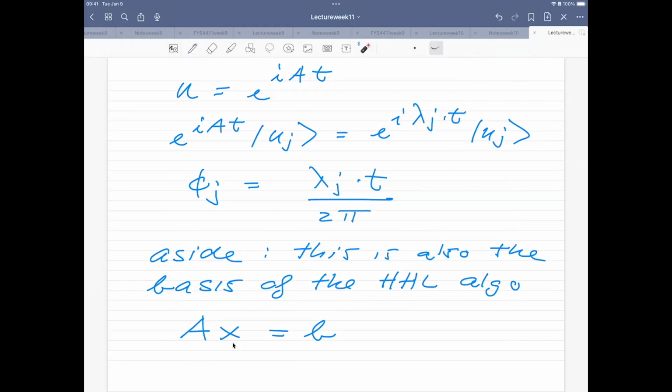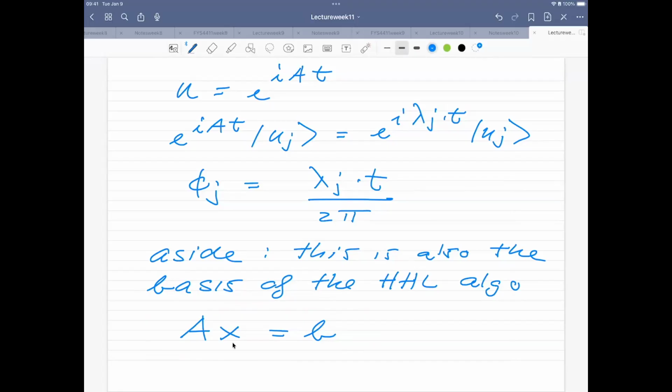So this equation, which we are going to use in order to find these eigenvalues, is something which we are going to use again. And I will try to sketch how we actually find the solution to this equation using the eigenvalues we get from the quantum phase estimation algorithm.